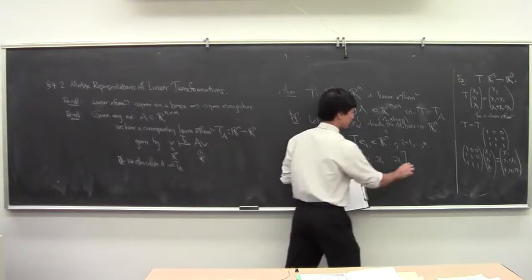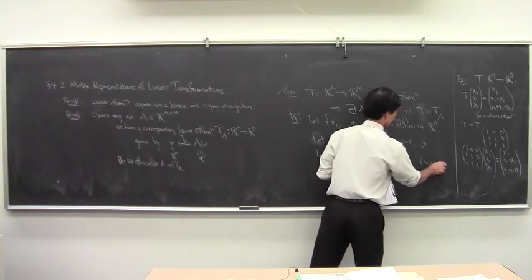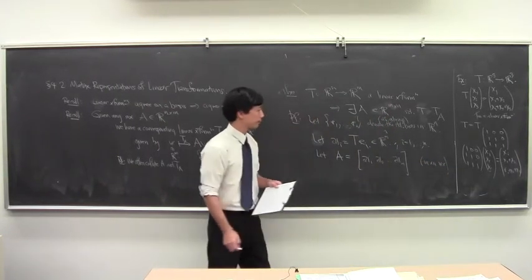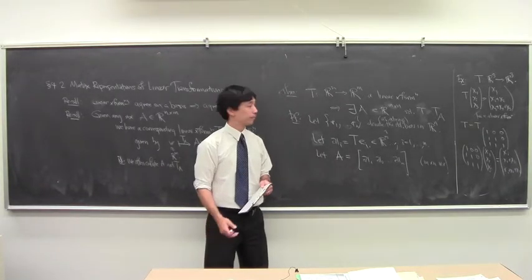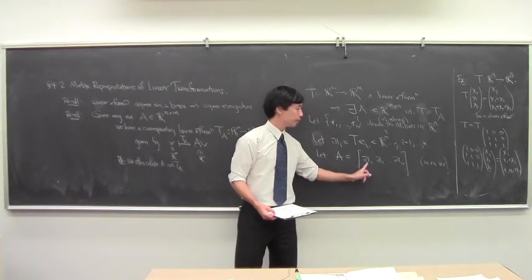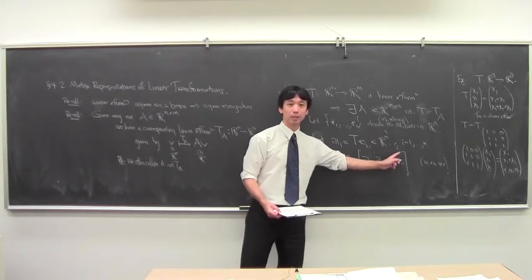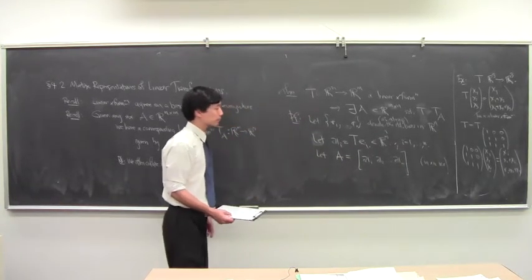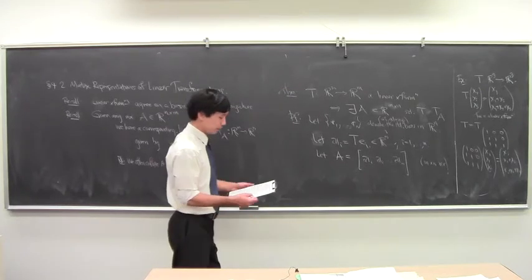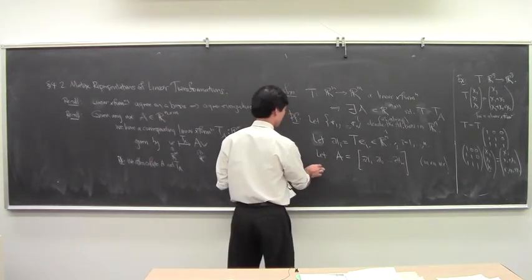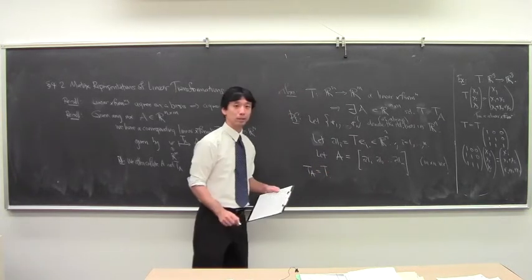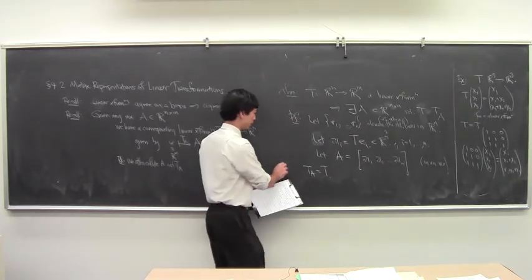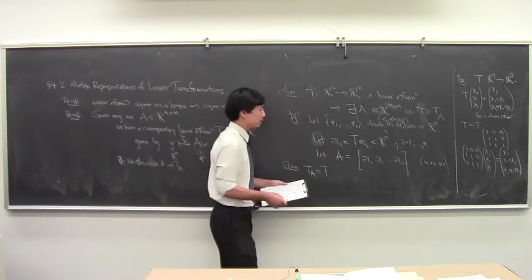This is an m by n matrix. A1 is the first column, A2 is the second column, An is the last column. T sub A turns out to be T. So I claim that this is the matrix that we're looking for.